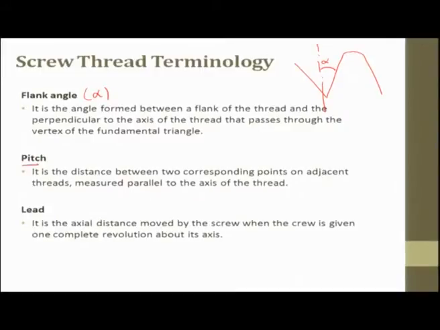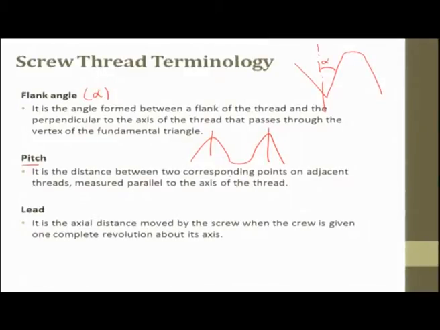Then what is pitch? Pitch is the distance between two corresponding points on adjacent threads measured parallel to the axis of the thread.